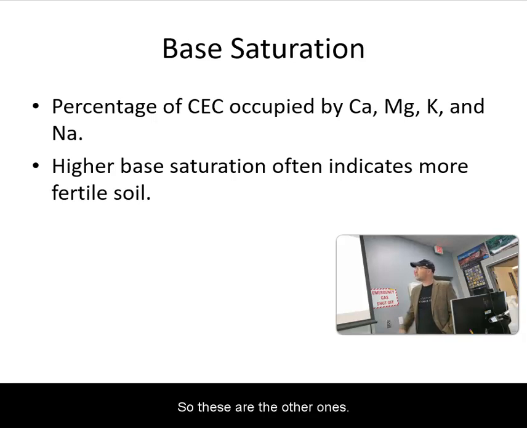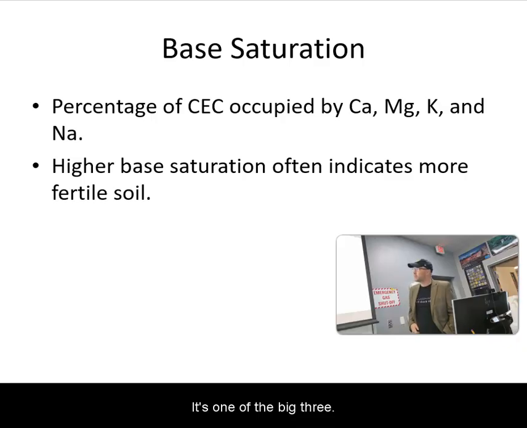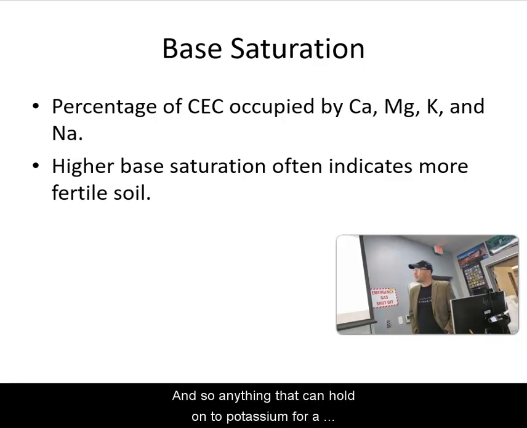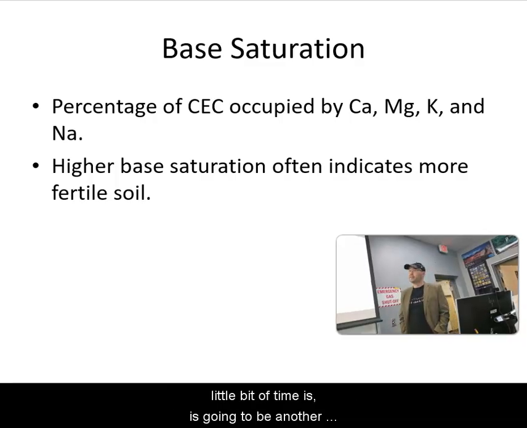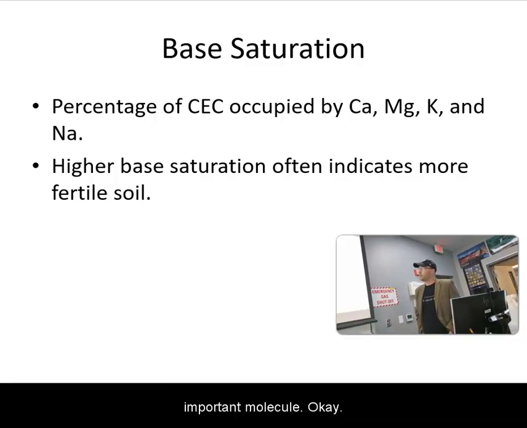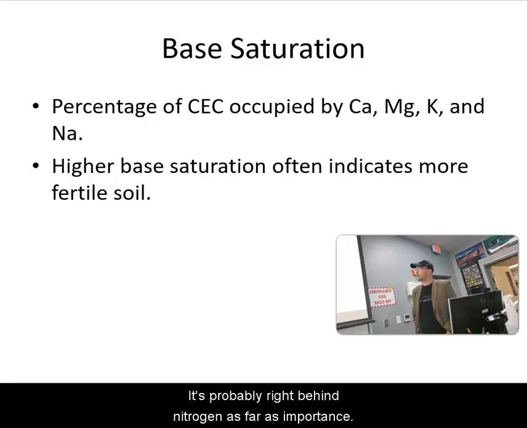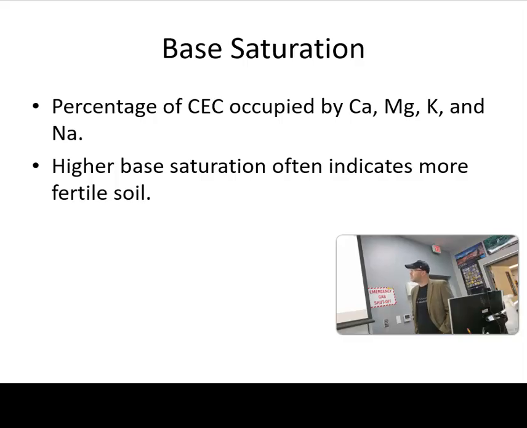So these are the other ones. Potassium's a big one. It's one of the big three. And so anything that can hold on to potassium for a little bit of time is going to be another important molecule. Okay, it's probably right behind nitrogen as far as importance. That's what the K is up there.